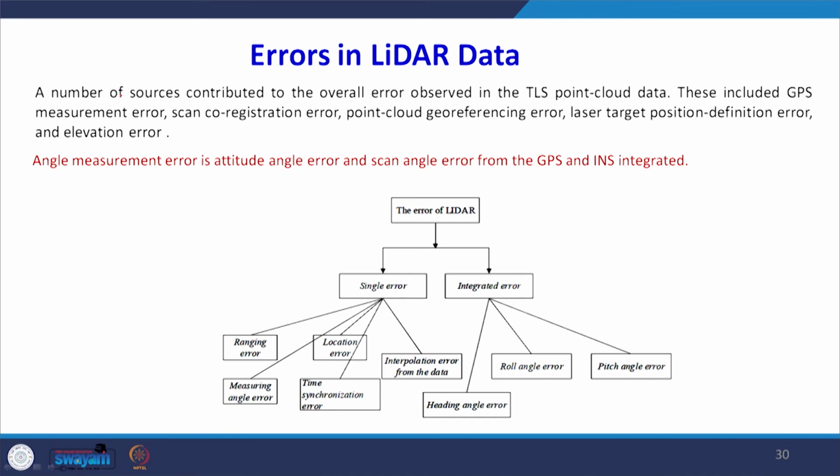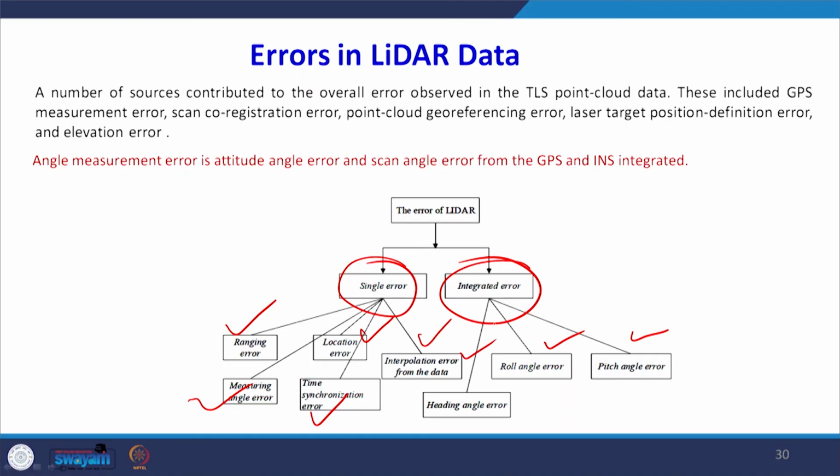There are some errors which could be present in the data, and this shows that we may have single errors and integrated errors. The single error has been divided again into several types. It could be a ranging error or a location error, or it could be an interpolation error, the algorithm error. Then measuring angle error and time synchronization error are other errors which could be introduced in our data set.